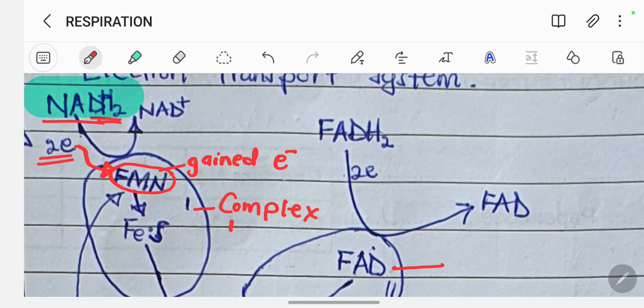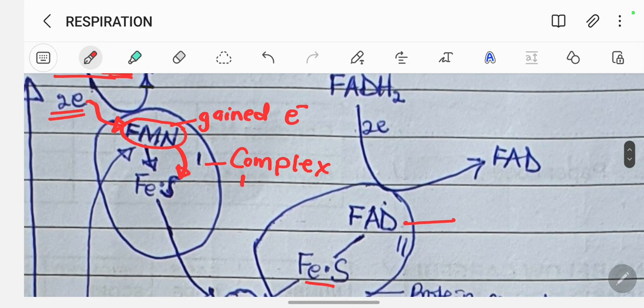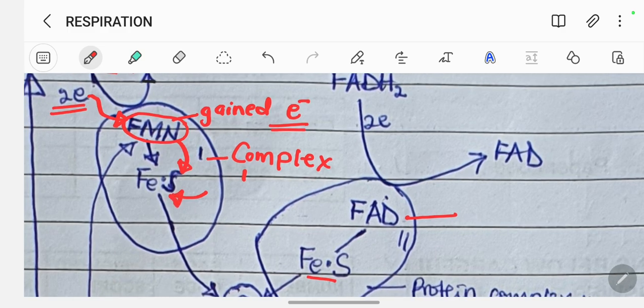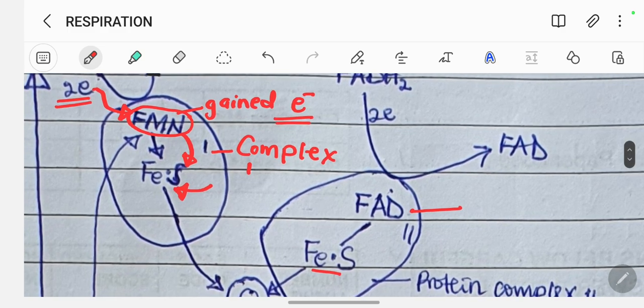What flavin mononucleotide does is submit those electrons to the iron sulfur protein. As flavin gives in, it's losing the electrons. That's what we call oxidation. As it gets oxidized by losing the electrons, it's going to reduce the iron sulfur protein, through gain of electrons.